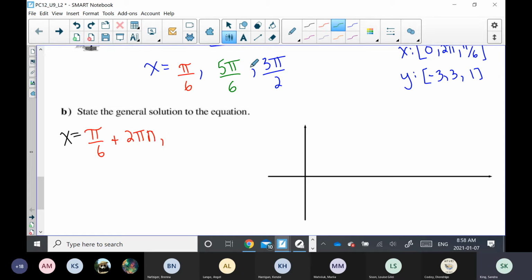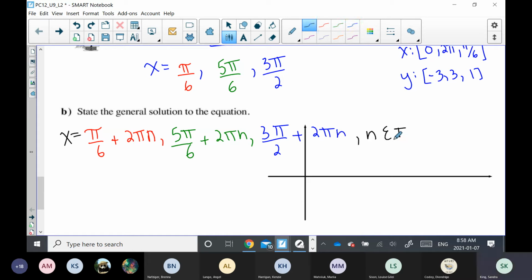We're going to take our second answer, and to that we're going to add 2 pi n. And we're going to take our third answer, and to that general solution we're going to add 2 pi n. And then at the end, I could say n belongs to the set of integers. That's just giving all solutions in the domain of x belongs to the set of real numbers.